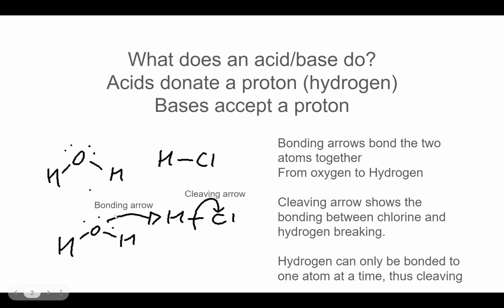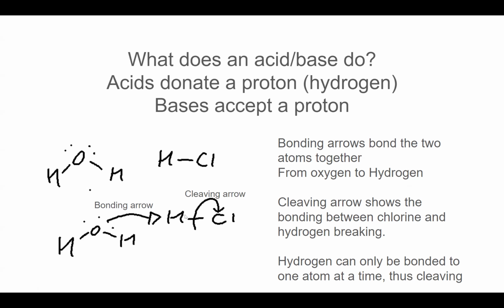As depicted here, there's a bonding arrow and a cleaving arrow. The bonding arrow shows that this oxygen is slowly going to bond towards this hydrogen, while this hydrogen's bond with the chlorine is going to be broken off.